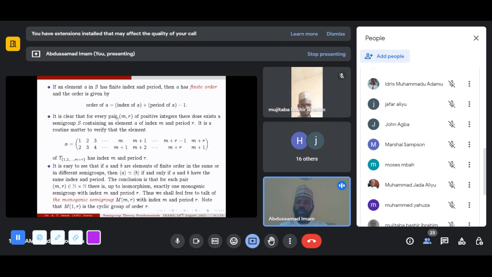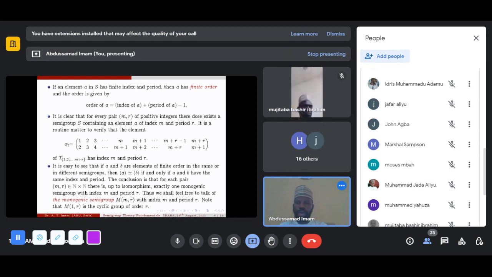And it is clear that for every pair M, R of positive integers, there does always exist a semigroup S containing an element A of index M and period R. So give me any pair of positive integers, I can always construct a semigroup where I can pick an element with index M and period R. And it is not difficult to see that in the full transformation semigroup on the set 1, 2, 3, up to M plus R, if you look at the set of all mappings on this set, inside that semigroup, you can pick this map and square it, get all the powers of this mapping.